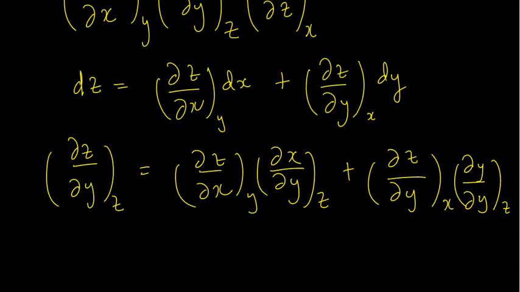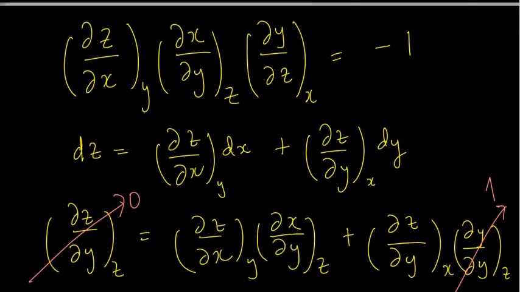So if that is the case, then this fellow goes to 0 and this fellow goes to 1, and then I just rearrange. I rearrange and I get back the cyclic rule. Yes.